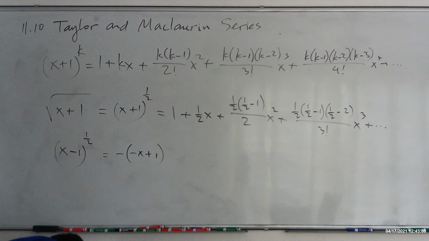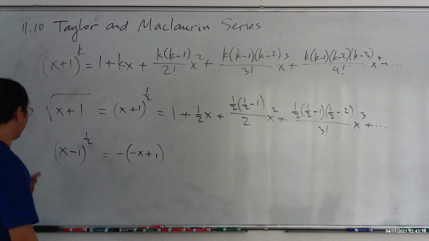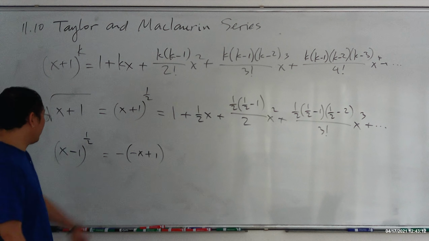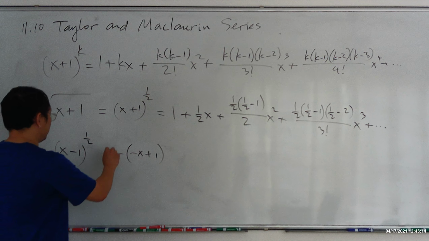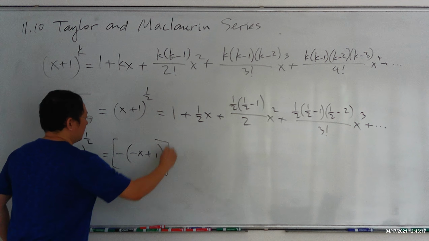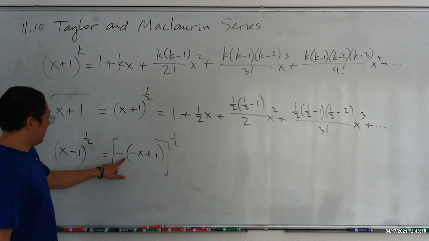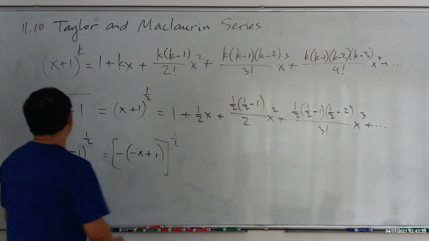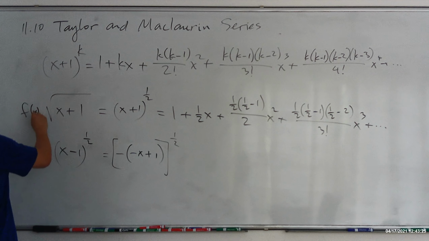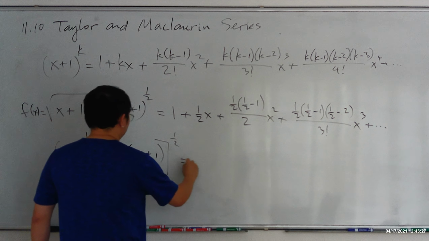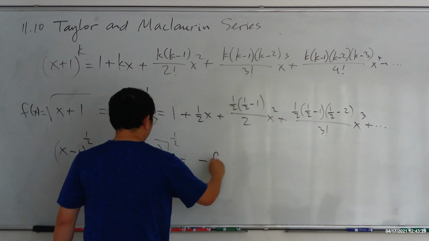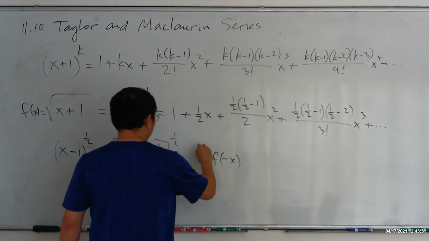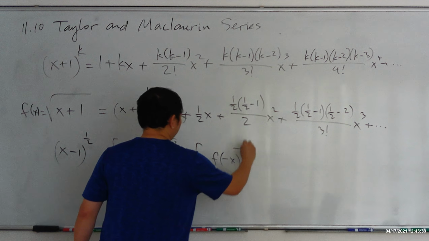That would be better. So I think our book's way is better, but anyway, if I write this way, that'd be okay. And raised to the 1/2. Negative with negative x is x, and then minus 1, yeah? And this is f of x, right? And this is negative f of negative x, and then raised to the 1/2.